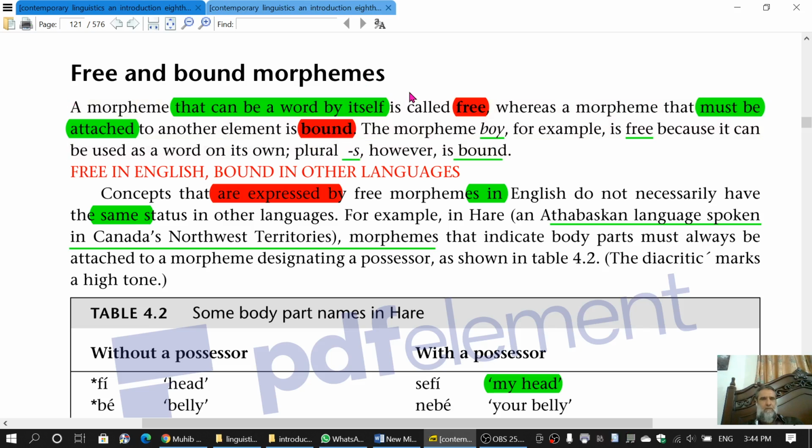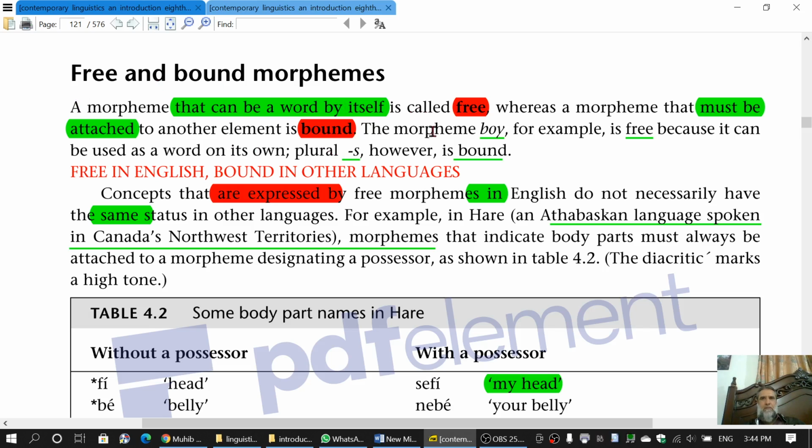It is just like Yule, and he defines free morpheme. O'Grady defines it as that morpheme that can be a word by itself. A morpheme acting as a word is referred to as a free morpheme.